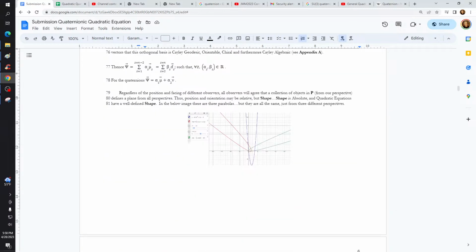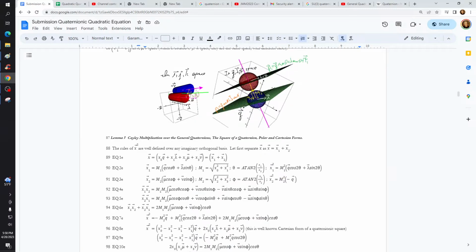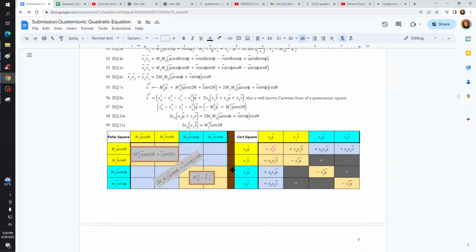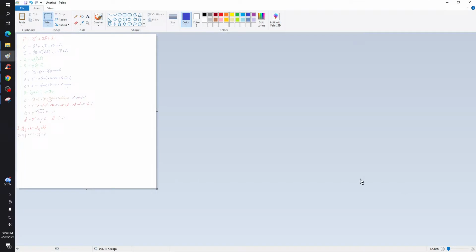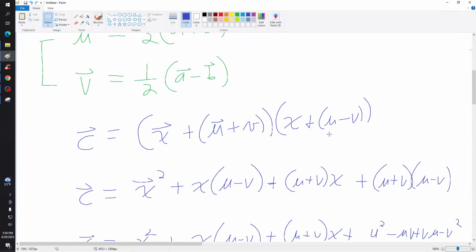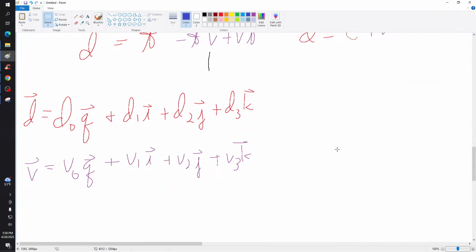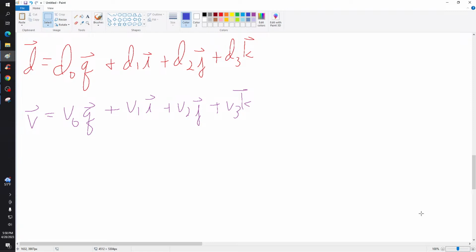All right, so why did we have to talk about this before we proceeded with the quadratic equation? Because we cannot solve the quadratic equation over the quaternions directly in ijk form. Instead, what we're going to do is write v as equal to the real part v null q plus n lambda.